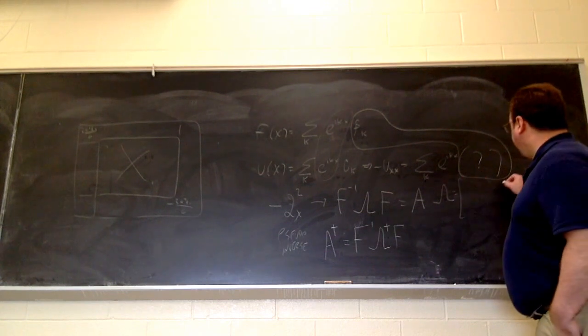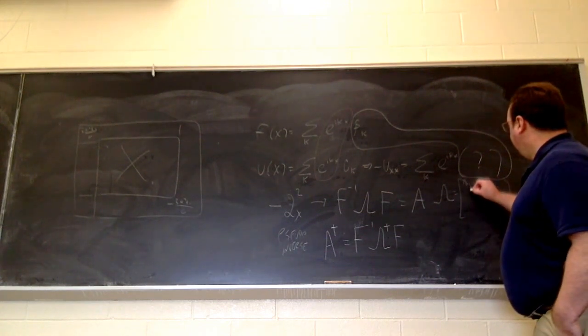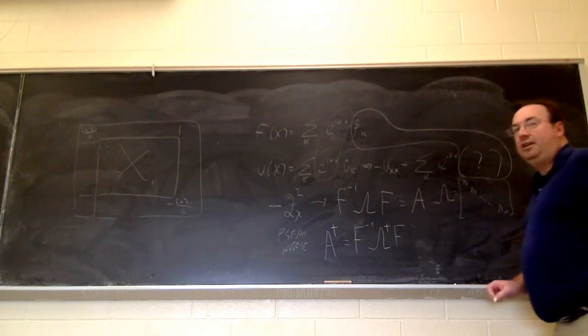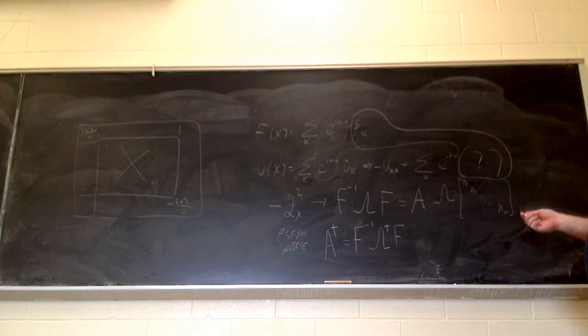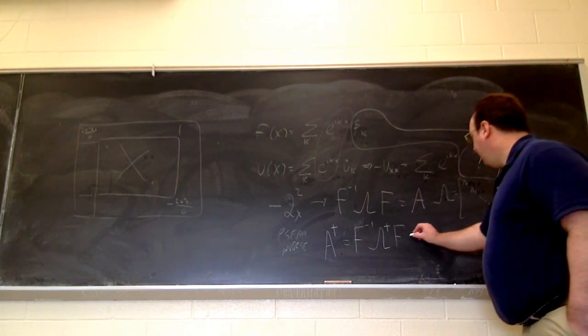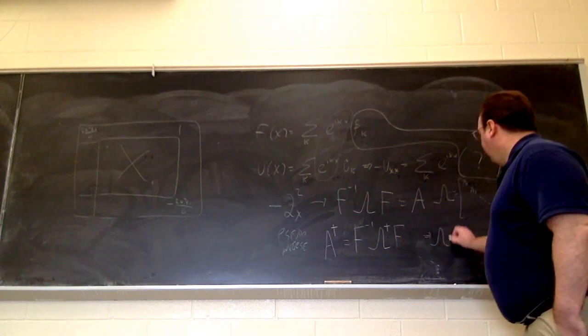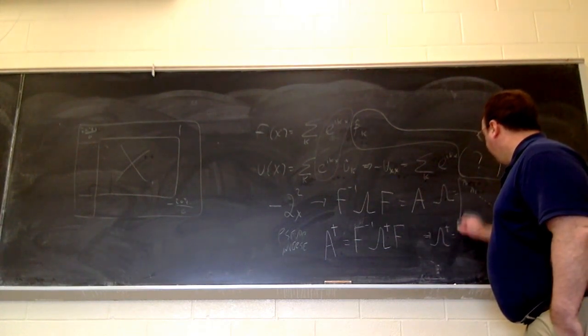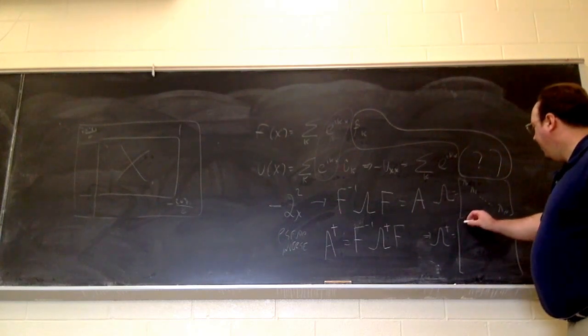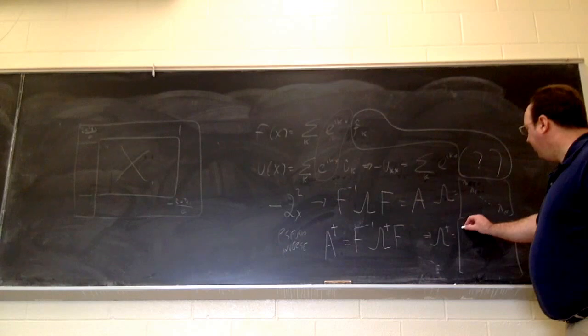lambda 1, lambda 2, lambda n, which would come from the eigenvalues of second differentiation. Then the pseudo inverse would be, well, you would take the reciprocals.